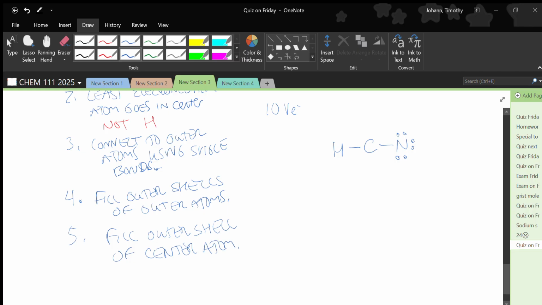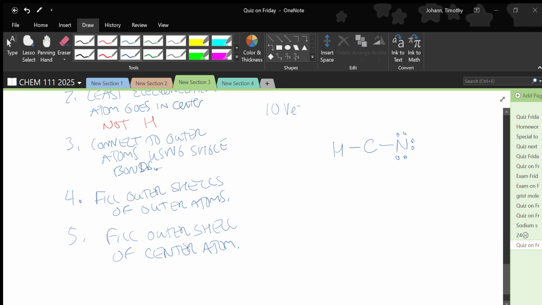All right, I'm going to show you two ways to do this. You can decide which you like best. So your book would have you count up your electrons. You would go 2, 4, 6, 8, 10, right? I've used all of them. I don't have any more to use, but I still need to get how many more electrons on the carbon? 4, right? I need 4 more electrons, so I need to make 2 bonds to it.